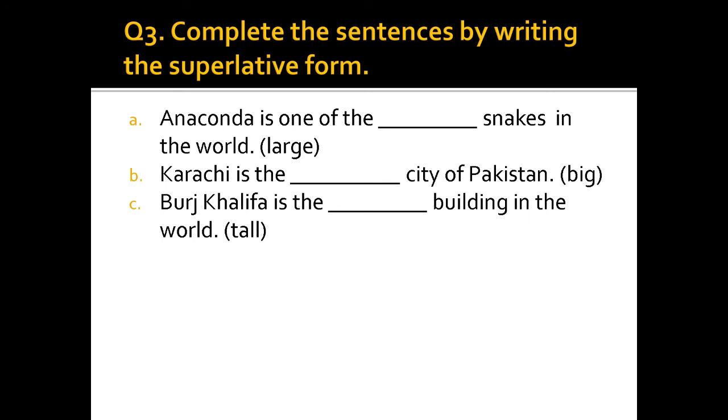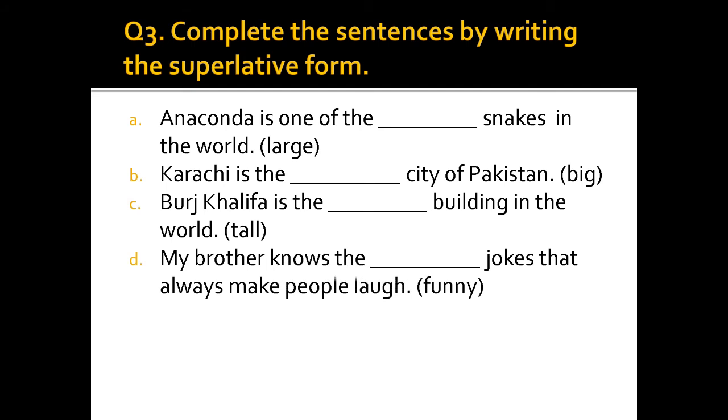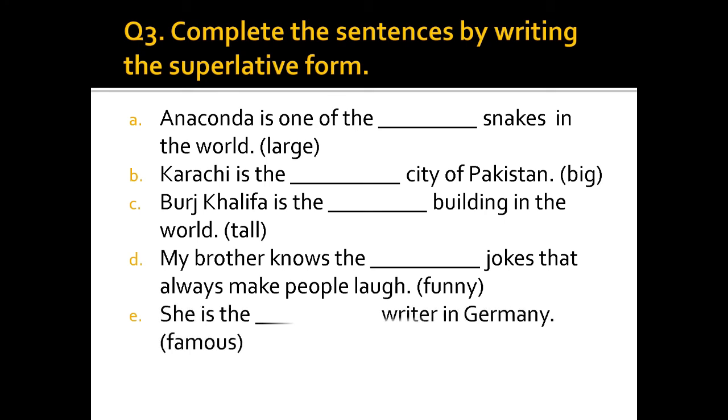And in the bracket the adjective is tall. D part. My brother knows the dash jokes that always make people laugh. And you can see the adjective funny in the bracket. Now see the E part. She is the dash writer in Germany, and in the bracket you can see the adjective is famous.